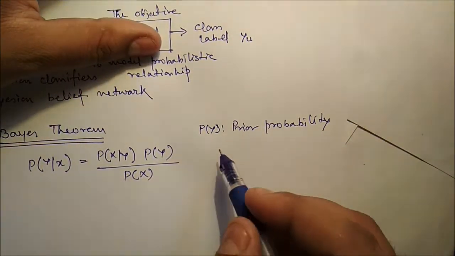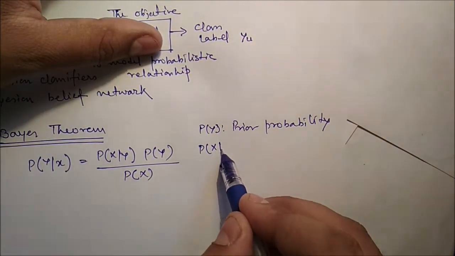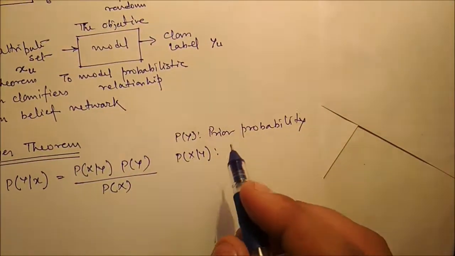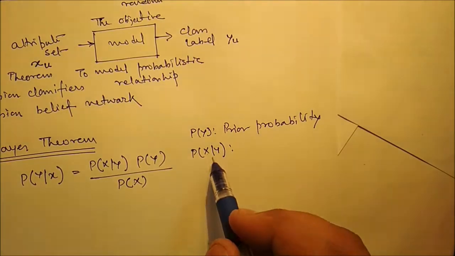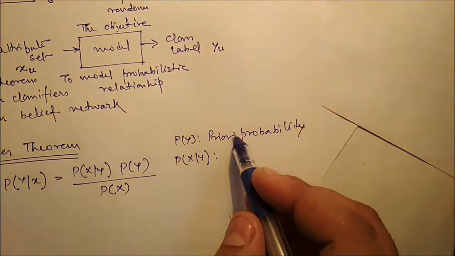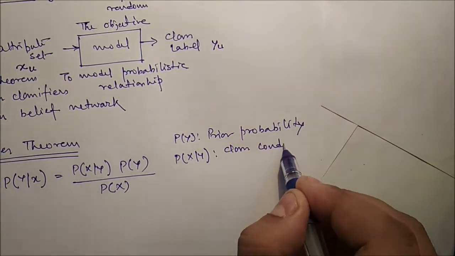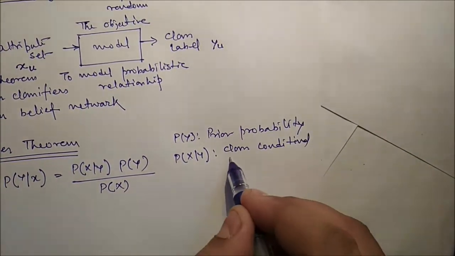And P(x|y), the probability of x given that y, is called the class conditional probability.